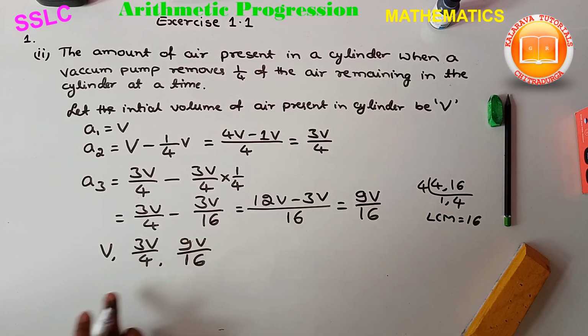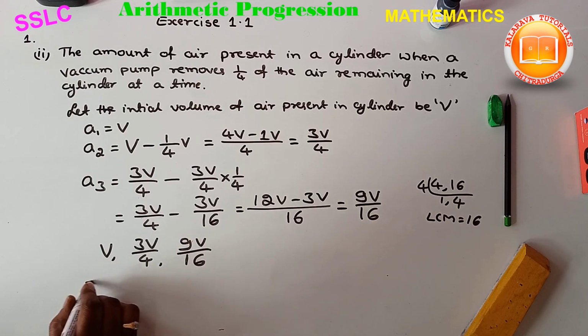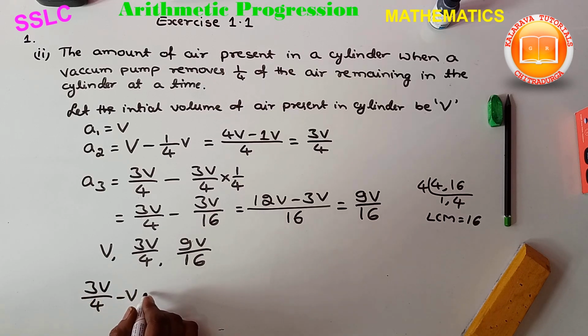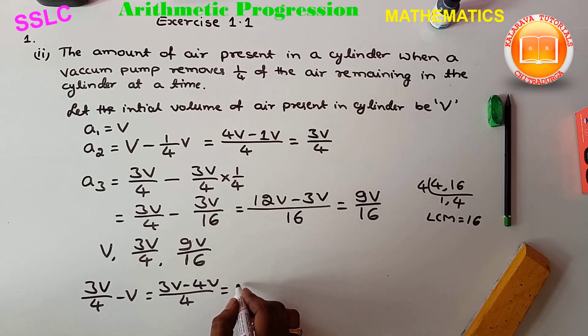So now we have to find the difference of these terms. That means we subtract the first term from the second term: 3V divided by 4 minus V. That is 3V minus 4V, since 4 is the LCM, so the difference is minus V divided by 4.